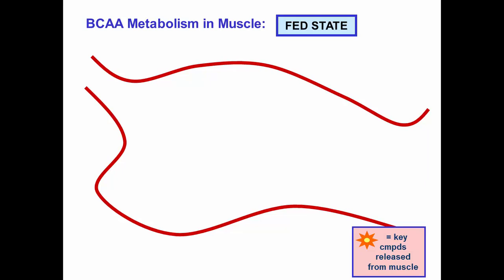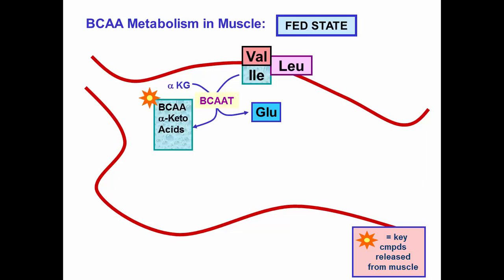Okay, let me see if we can finish and talk a little bit more about what's happening. So this is the muscle, and we're talking now in the fed state, and I know your slide is busy because I've got mine animated. So we'll start over here. We've got branch chain amino acids that come in from the blood, from the liver. They undergo BCAAT, yielding glutamate and the keto acids.